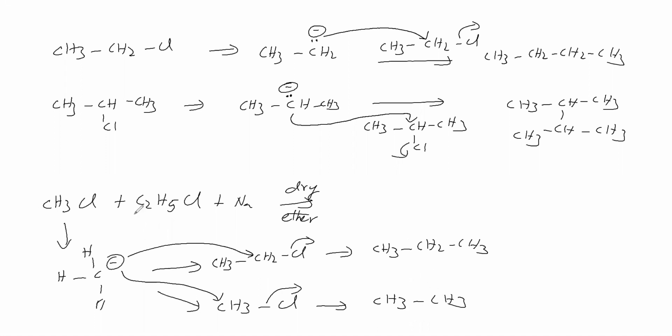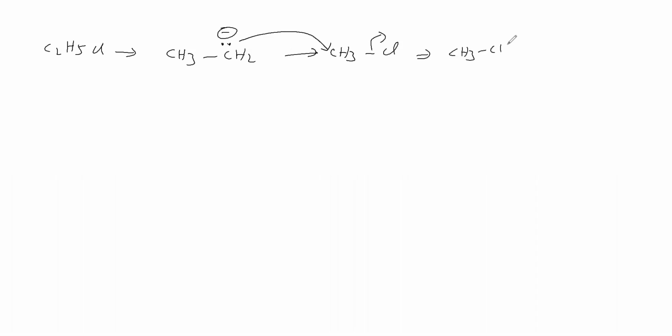Suppose ethyl chloride becomes a carbanion, then what is the possibility? It may attack methyl chloride, this C minus attacking the carbon carrying chlorine, Cl minus leaving, giving n-propane.